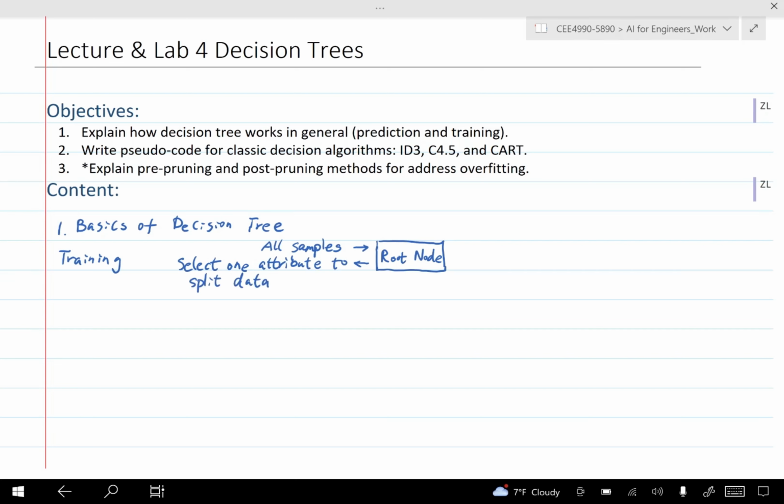Here, split data means that originally we only have one data set, one training set including all the samples. But after the samples are fed into this root node, we need to select one attribute. For one attribute, different samples may have different attribute values.